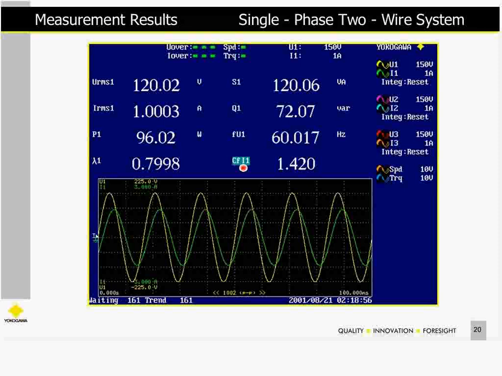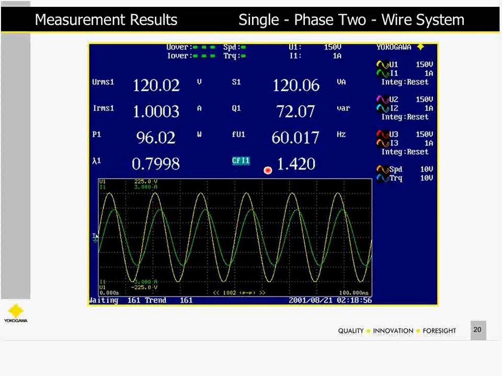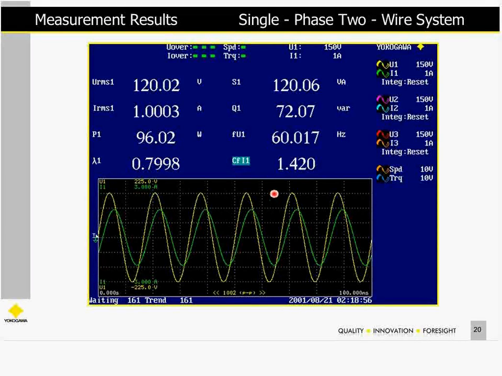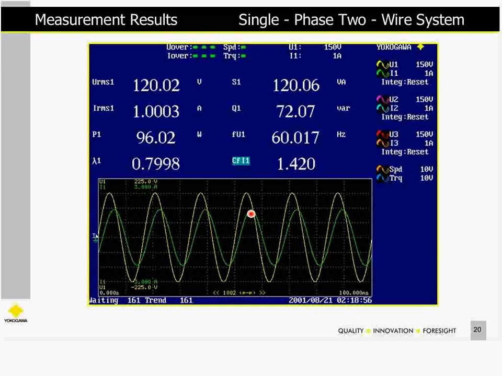And this last function I'm showing here is crest factor. Now, crest factor is a ratio. You'll see no units. It's a ratio of the peak value to the RMS value. And this has a lot to do with some of the components you may have in your circuit, maybe digital devices, A to Ds, whatever it may be, where you're looking at that peak to RMS value.